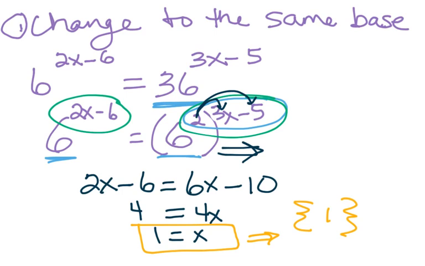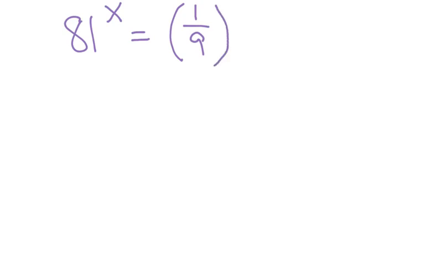Okay, we're going to do another example. New page. Okay, so our second example here is going to be, say I have 81 to the x power. And I also have on the other side 1 over 9 to the x plus 3. You should be able to recognize that this is a power of 9 and this is a power of 9.